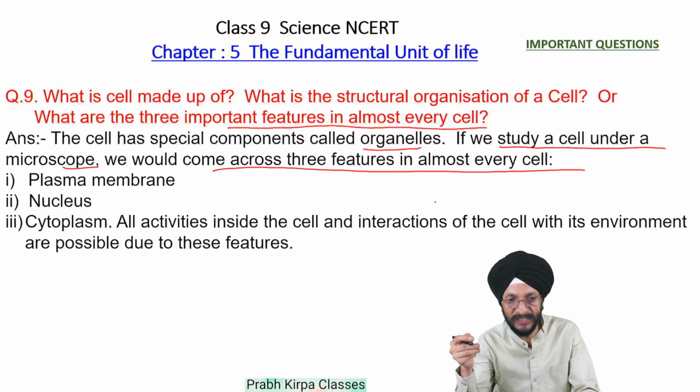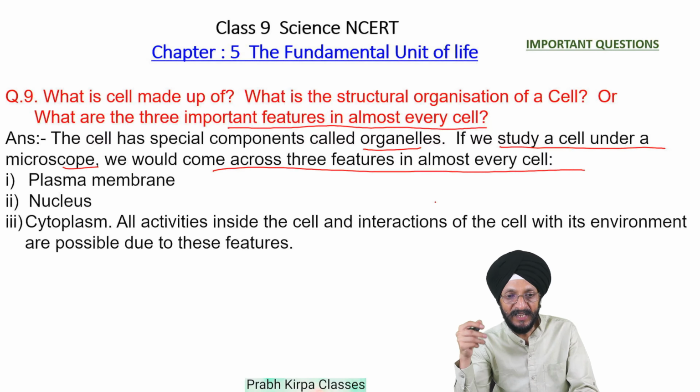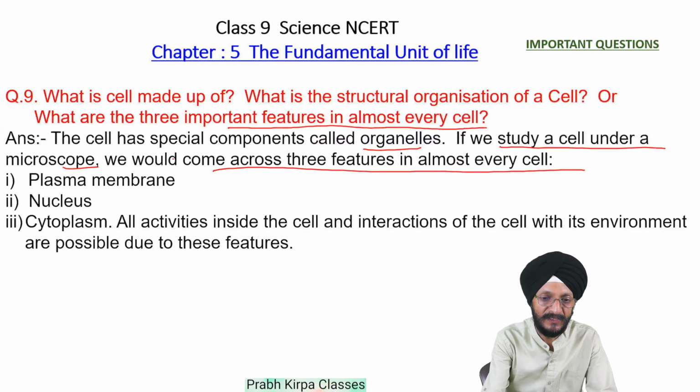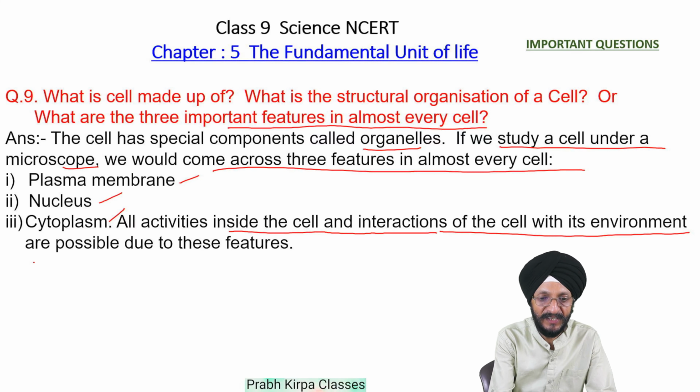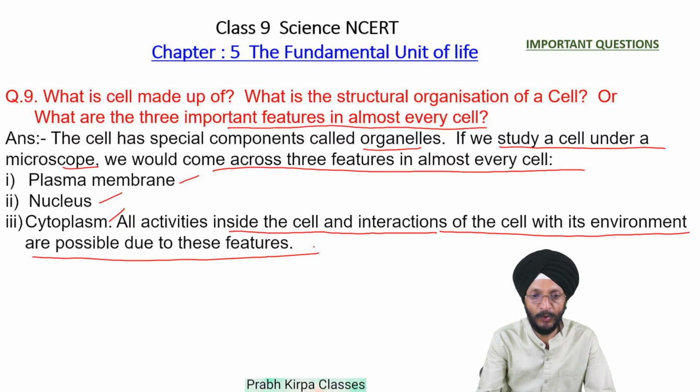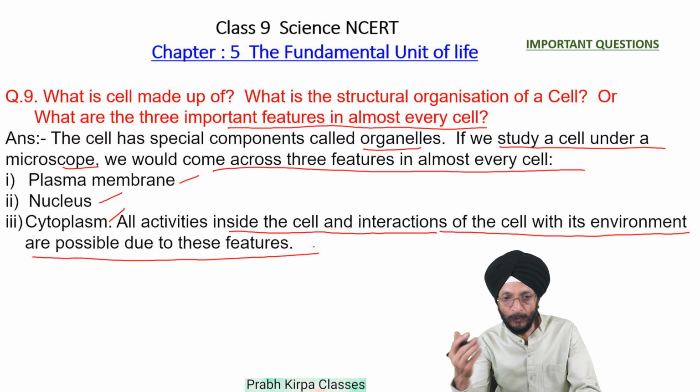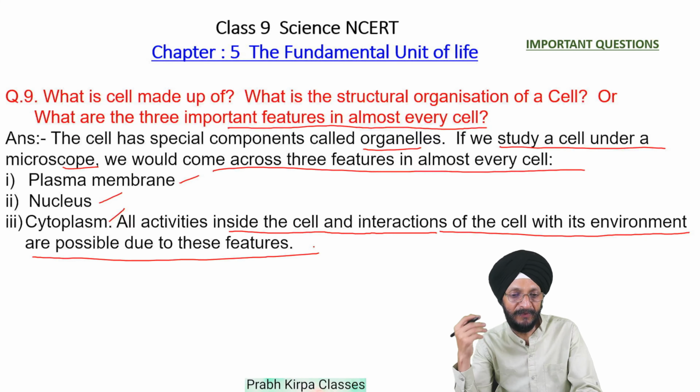We can also say that the cell has three important parts, which are plasma membrane, nucleus, and cytoplasm. All the activities inside the cell and the interactions of the cell with its environment are possible due to these features. Cytoplasm contains organelles such as ribosomes, lysosomes, Golgi body, vacuoles, etc.